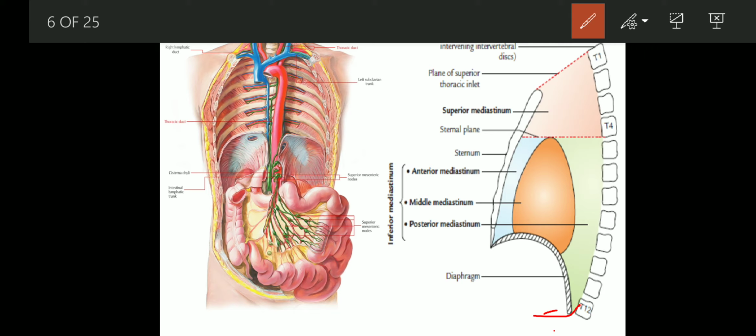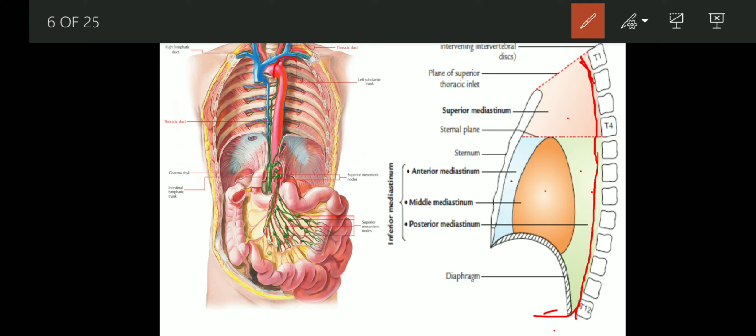The thorax is divided into two compartments, the superior mediastinum and the inferior mediastinum. The inferior mediastinum is again divided into three compartments: anterior, middle and posterior. This thoracic duct ascends in the thorax through the posterior mediastinum in front of the vertebrae, and from the posterior mediastinum it enters the superior mediastinum at the lower border of T4.